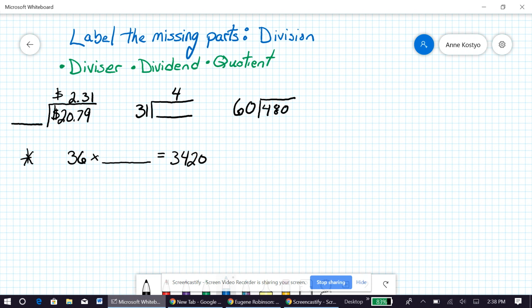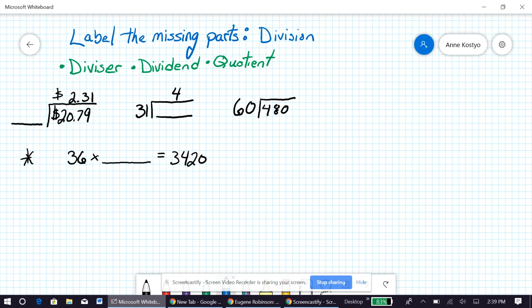So again, we're working on our series of long division, working with the divisor, the dividend, and the quotient. So here I have a couple of typical problems that you may see in your homework where the instructions are to label the missing parts for the division problems.